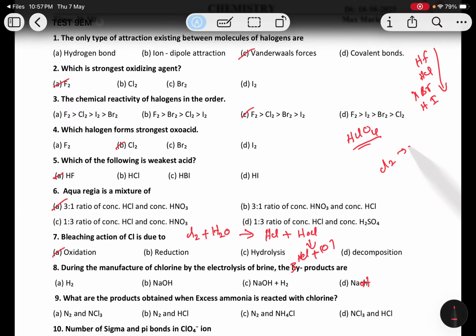Chlorine is produced at the anode, which is the positive electrode. At the cathode, hydrogen and NaOH are produced. So these are the byproducts produced. So option C is the correct one.